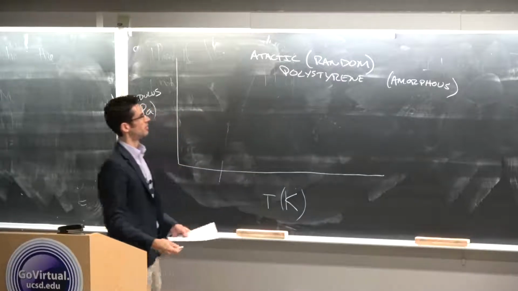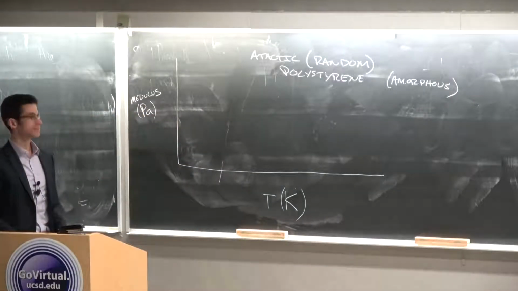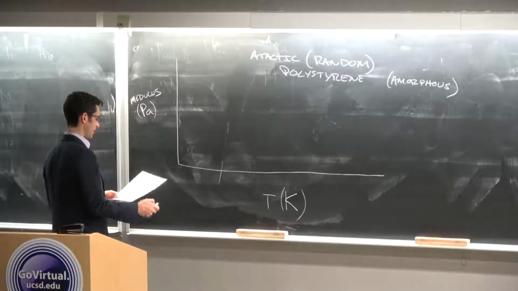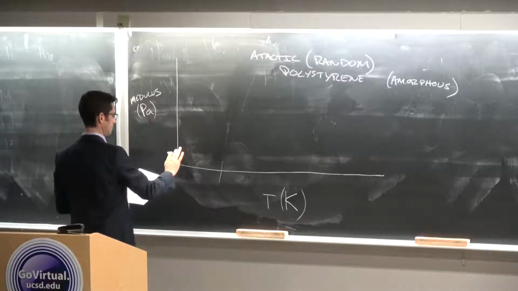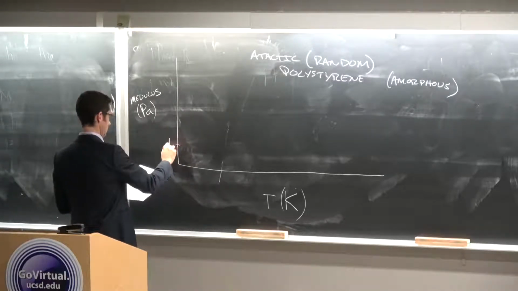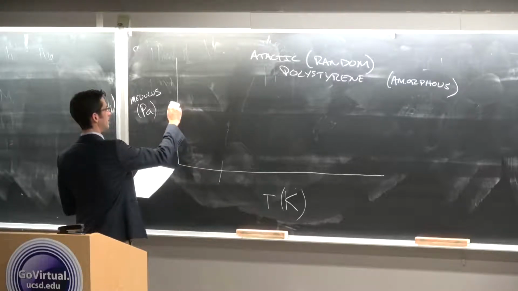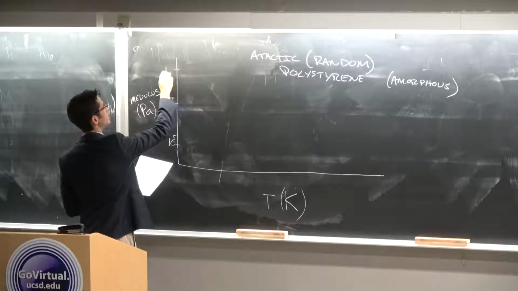Okay, so for the moment, we are not going to worry about crystallites. Just what happens as you increase the temperature. So, the modulus varies over quite a large range.